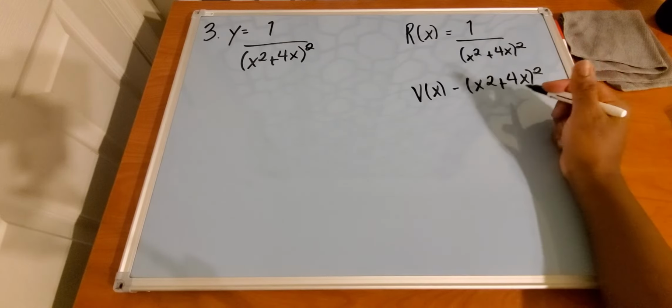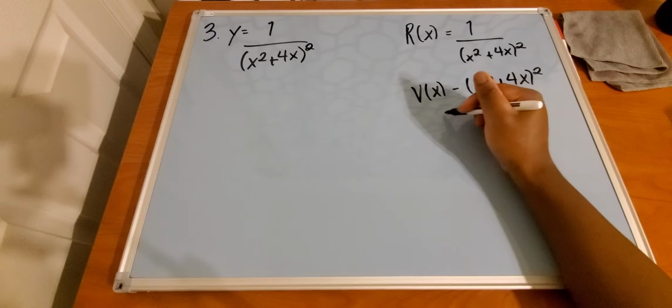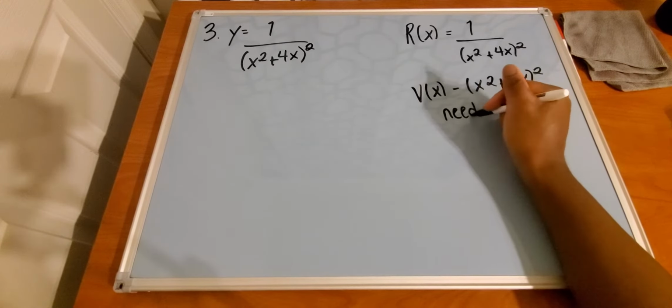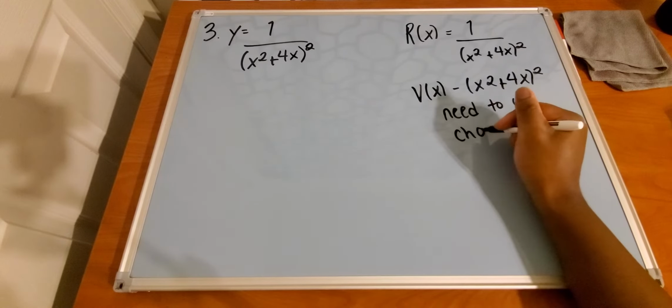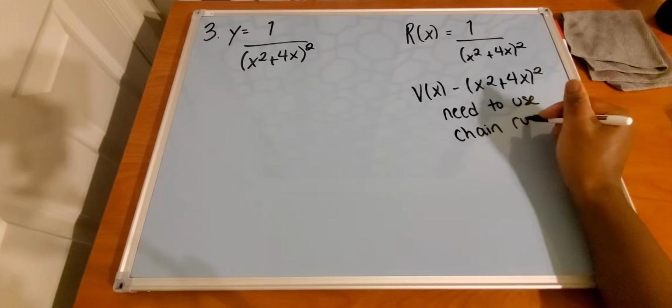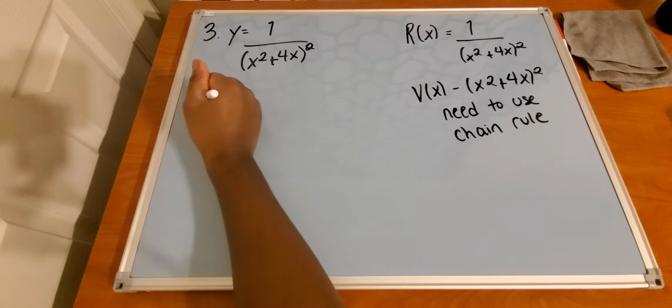So this is a little bit different. So when you want to find the derivative of this, it's actually a chain rule. So here, you need to use chain rule. There's really no way around it. So with that in mind, let's just go ahead and find the first derivative.